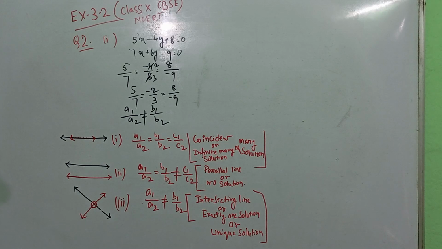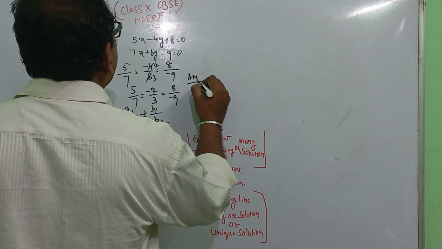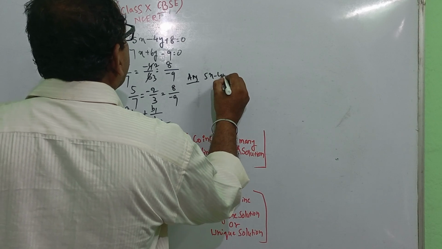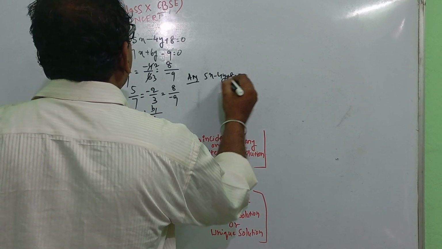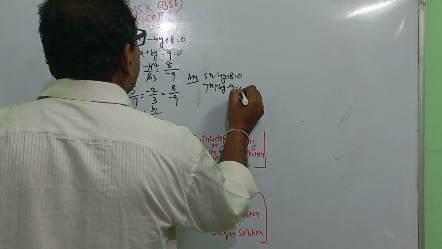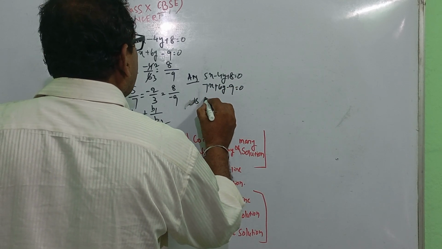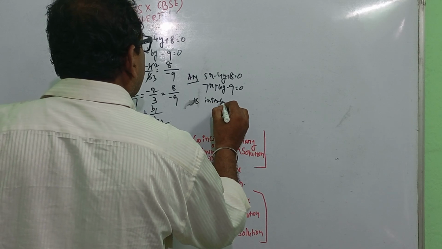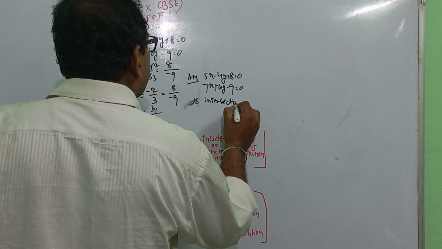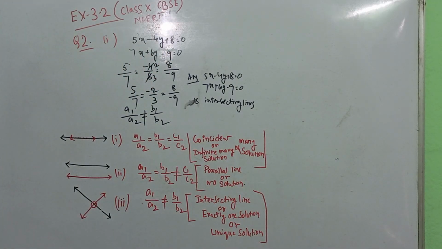This is intersecting lines. So the answer: 5x minus 4y plus 8 is equal to 0 and 7x plus 6y minus 9 is equal to 0 are intersecting lines. Clear for that?